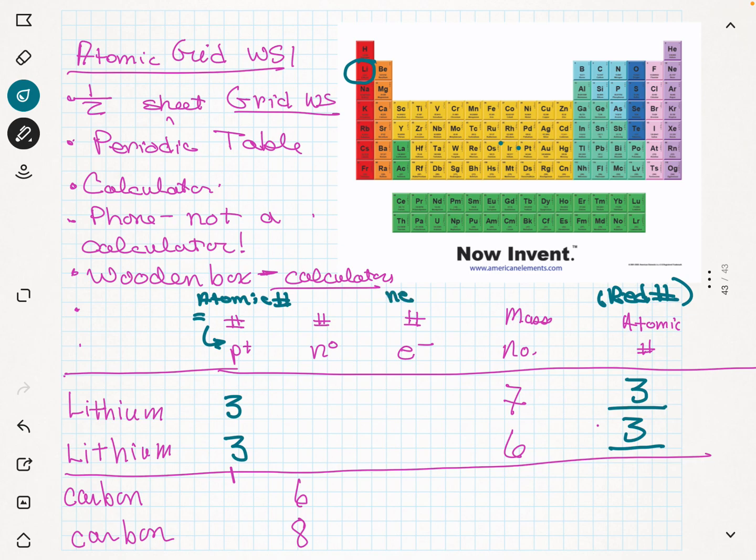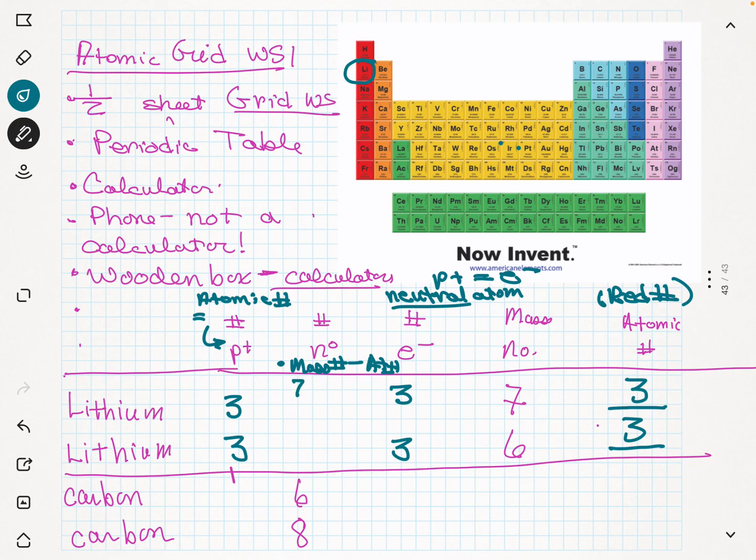In a neutral atom, and everything today on this sheet is a neutral atom, protons equals electrons. So this will also be 3 and 3. To find the number of neutrons, we're going to take our mass number minus our atomic number.